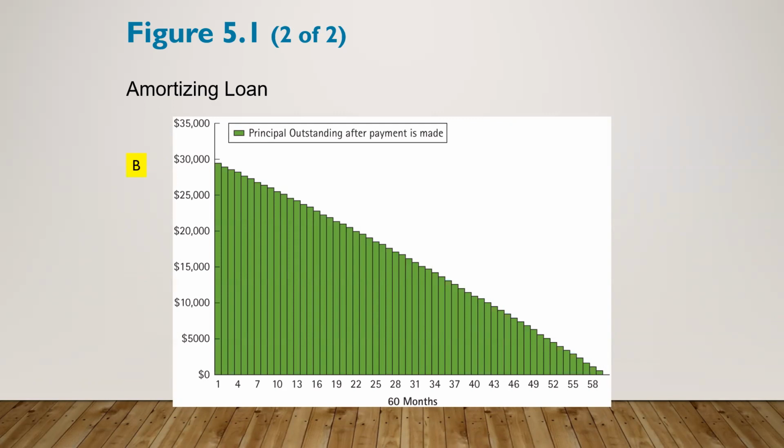So when that is deducted from your balance, it will leave you a new balance of $29,578.25. Remember, the car loan was for $30,000.